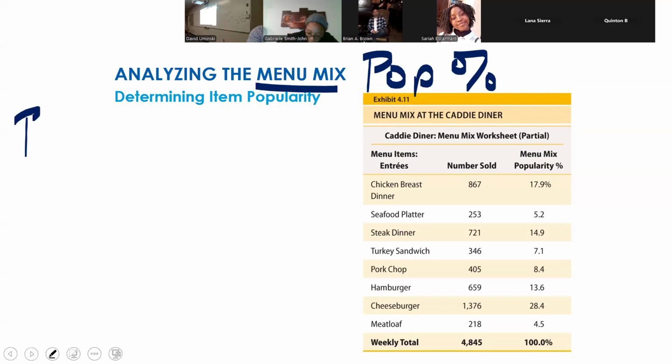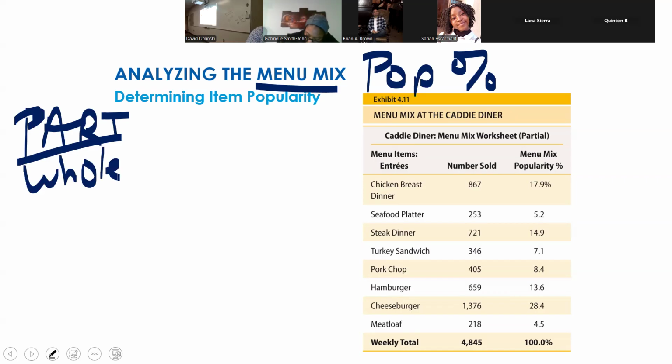Good. So if we're looking for popularity percentage, we have to identify which item is the part and which item is the whole. To do that, we need to add up all of the items that were sold, and guess what? This 4,845 items sold is our whole.